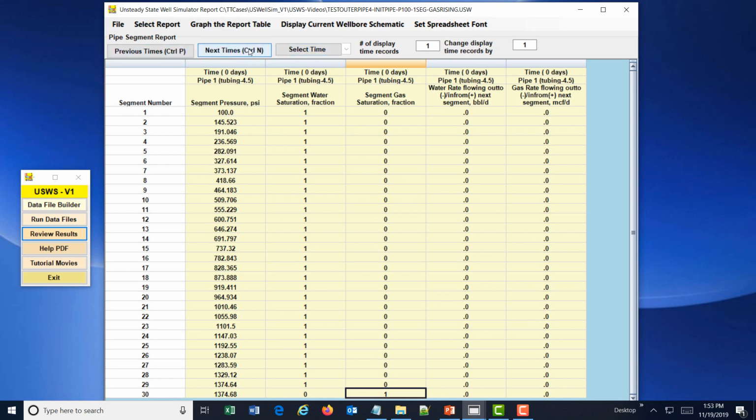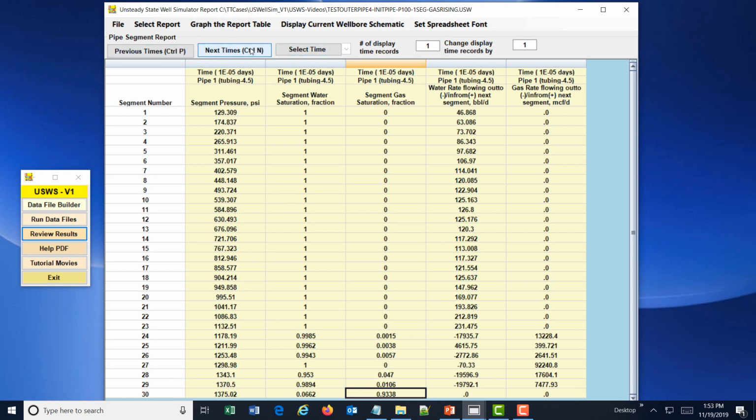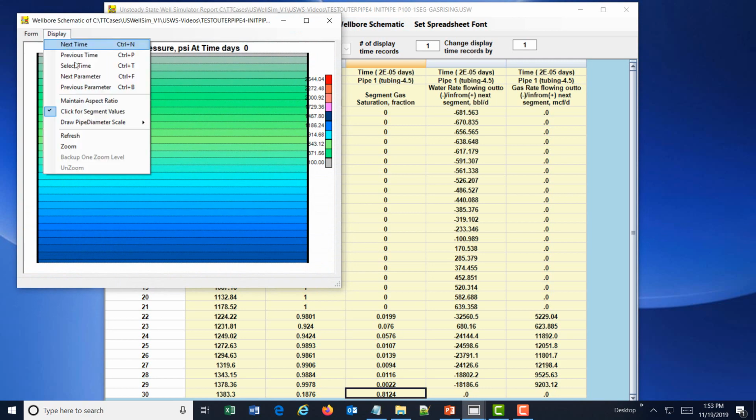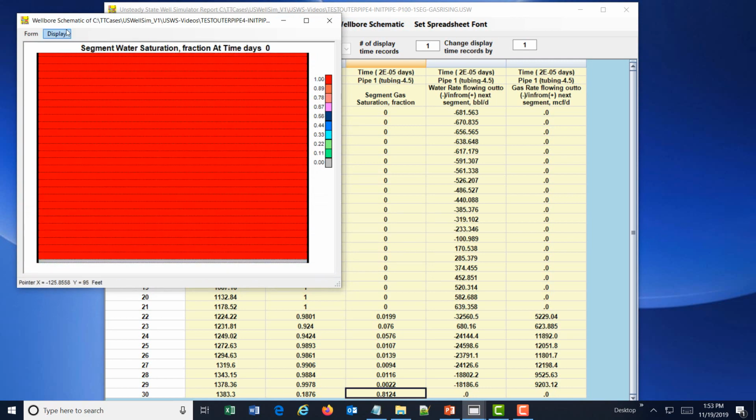We go through the next time, and we'll start to see movements of gas, water saturation, pressure changing, and flow rates going in the well. If we display the current wellbore schematic, we can show, for example, the water saturation. You can see that this is 0 here at the bottom and 100% water in all the rest of the pipes.